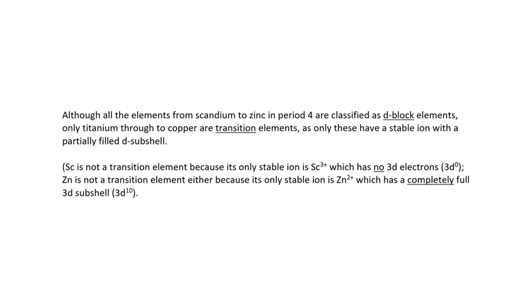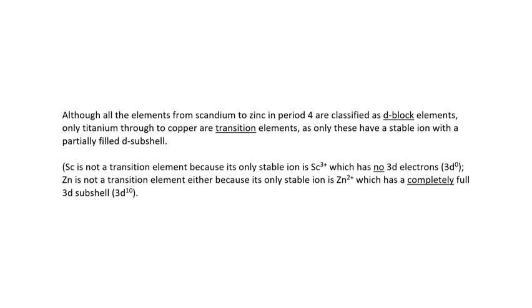So this is a really annoying definition, and you just have to know that it's not quite the same set of elements as the d block. And they will sometimes ask you why zinc does not count as a transition element, and that's what you have to say.